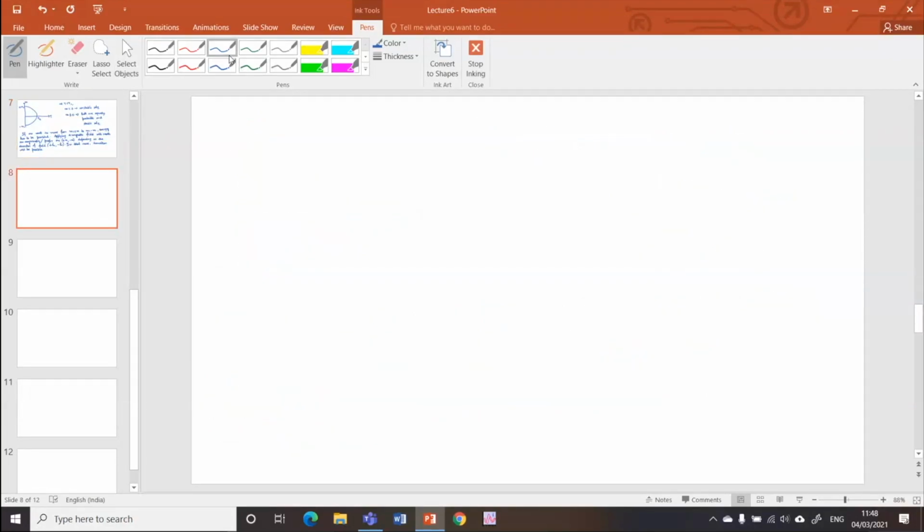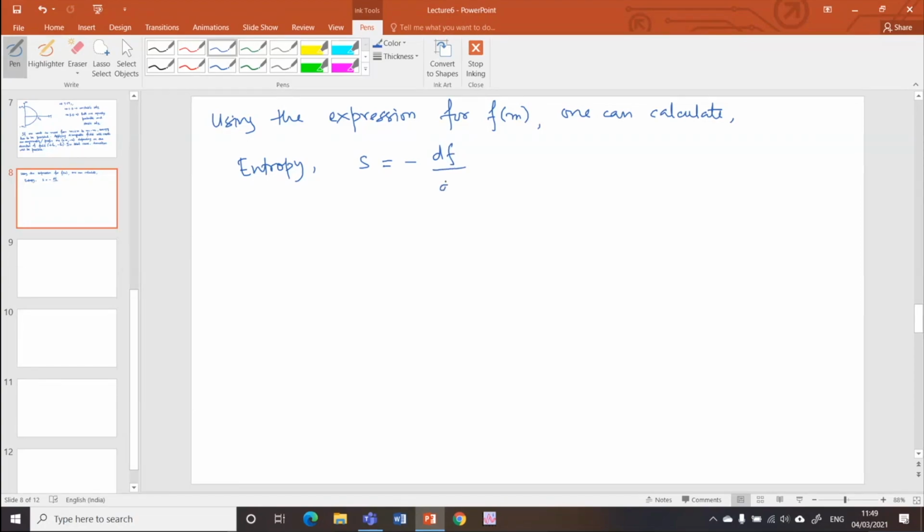Now what else can we do using the expression for Fm? One can calculate entropy S, which is basically minus dF by dT.